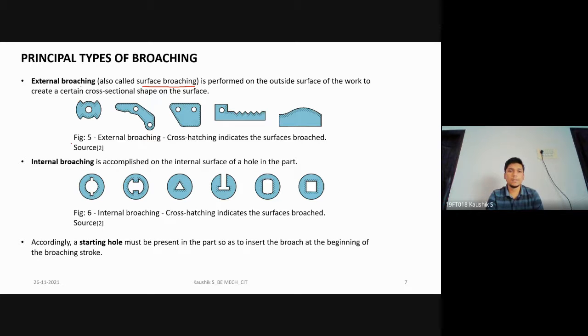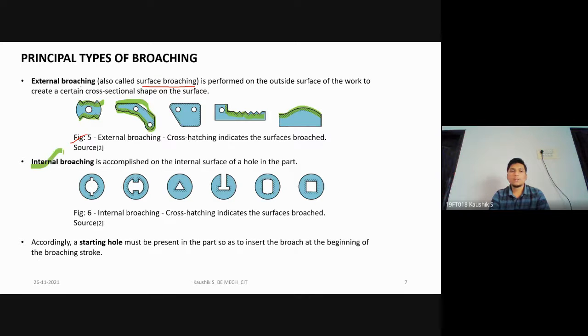In figure 5, you could see various workpieces whose outer surfaces are being machined. In the first figure, the top and bottom surfaces are being broached. The hatching shows the machined or broached surface. In the third figure, the whole outer periphery is being machined. In the fourth figure, only the top portion is broached. In the fifth figure, the curved surface of the top is broached.